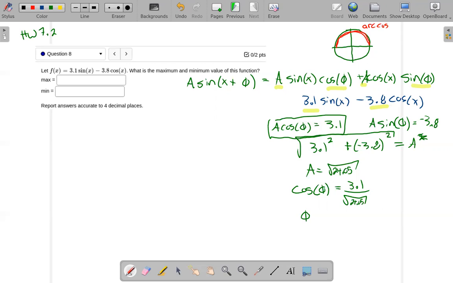And then the arc sine picks angles from pi over 2 to negative pi over 2 or vice versa. And I just like to have positive angles when possible. And so the arc cosine gives me a wider range of positive angles to work with. So I usually use that one. And we'll see later in the course that that's beneficial in some other cases. So then phi is the arc cosine of this crazy number.